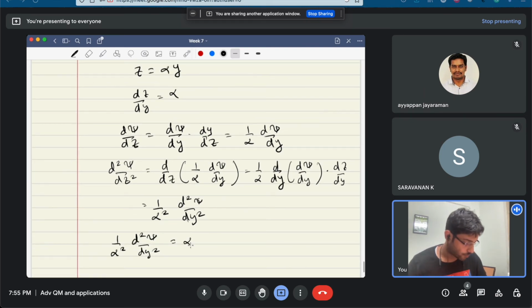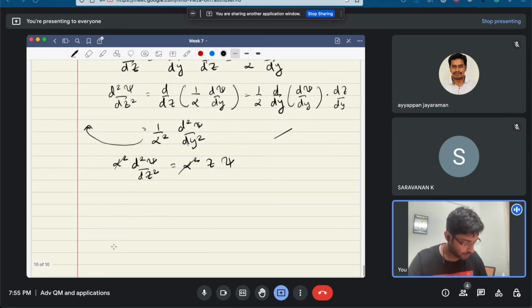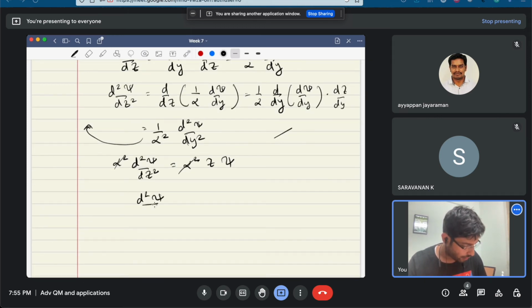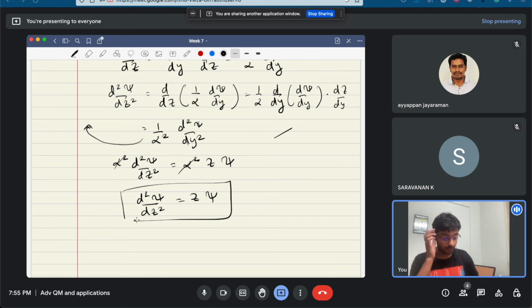Sorry, we are supposed to take the alpha on the other side. And we have z psi, so your alpha square gets cancelled out, and you end up getting a familiar equation which you must have seen in the lecture for the WKB approximation.